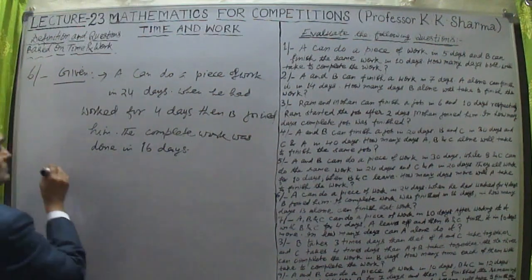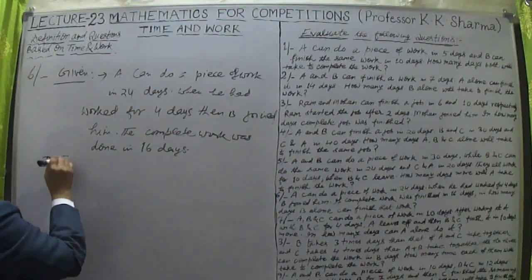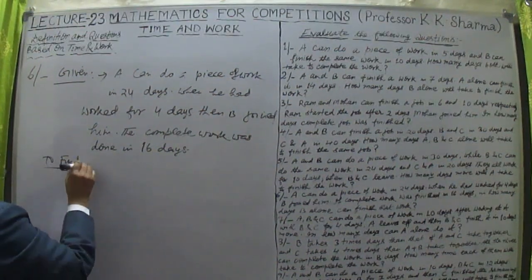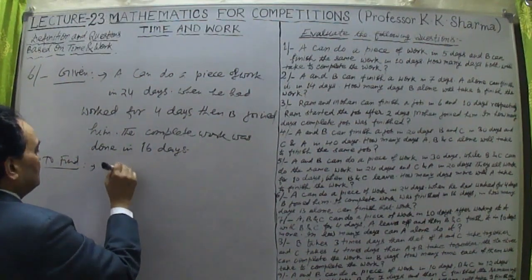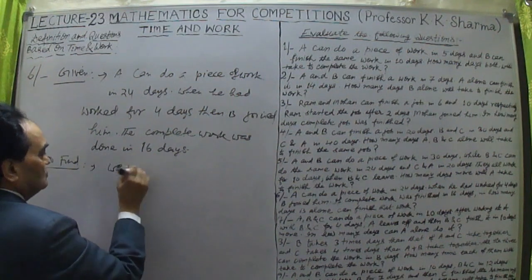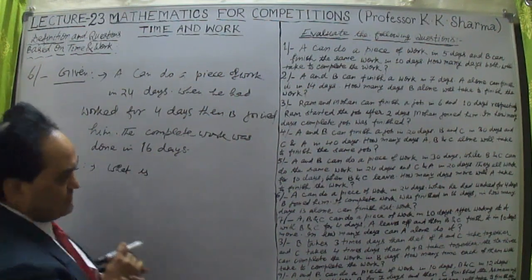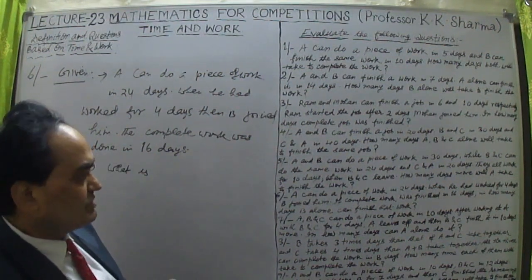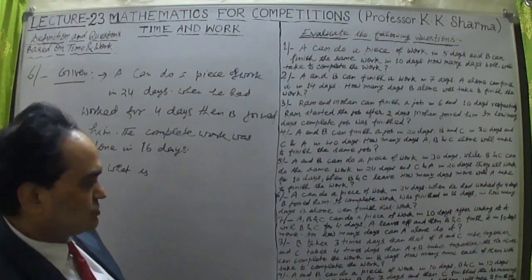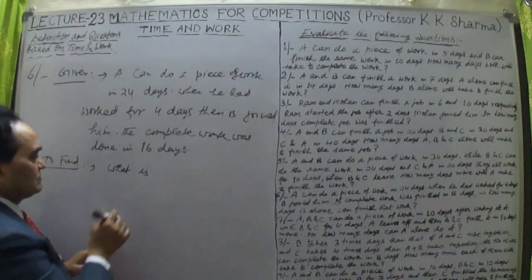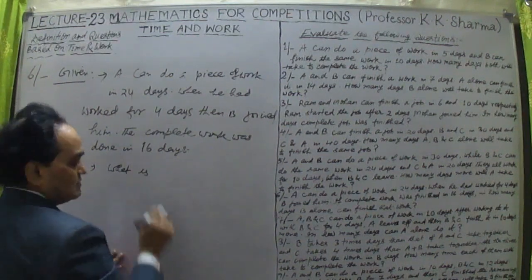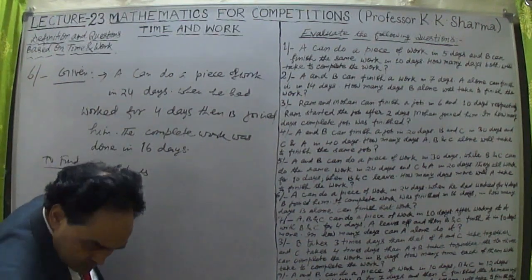To find here, what is B's rate of work, or how many days B alone can do the work? What is the number of days of B?